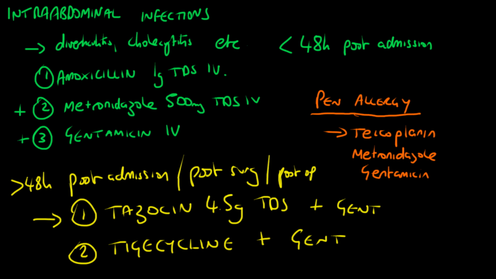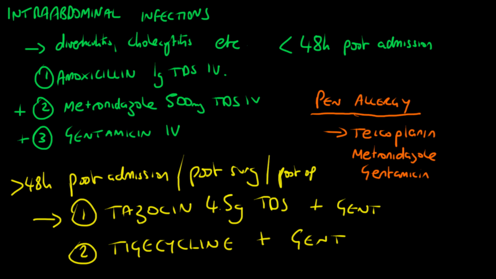If this was happening greater than 48 hours post-admission, or they were post-surgery, or post-op, or they have had a recent hospital admission within a month, you would commence the person on tazocin, which is a broader spectrum beta-lactam.